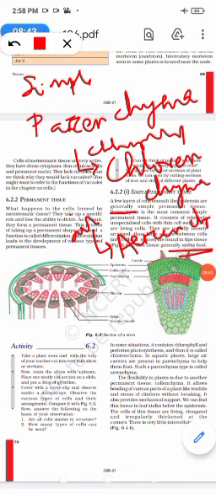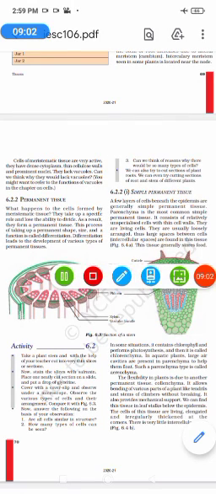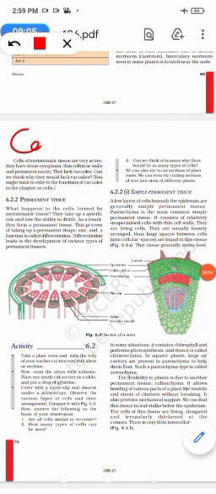Now the flexibility in plants is due to another permanent tissue known as collenchyma. Chlorenchyma is parenchyma with chlorophyll, and the next one is collenchyma, which gives mechanical support.